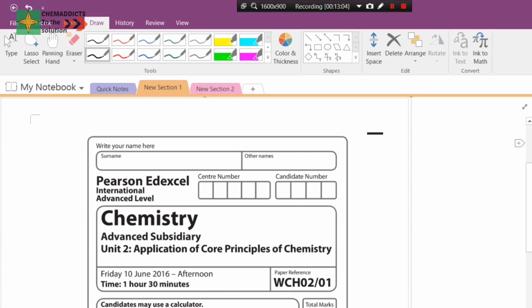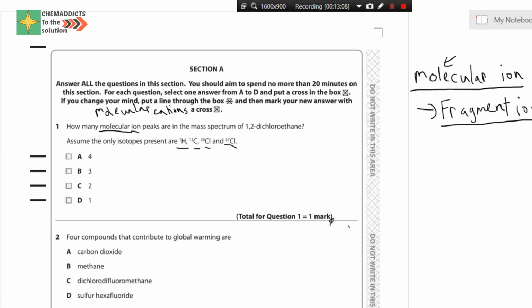Here they have given us the options, and this should be the answer, B. Before, we have seen that three possible molecular ion peaks would be detected since three molecular cations are possible for this particular compound, so this should be the answer.